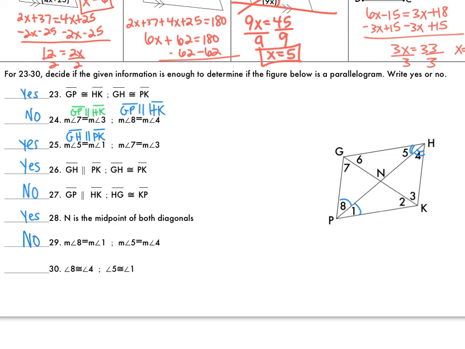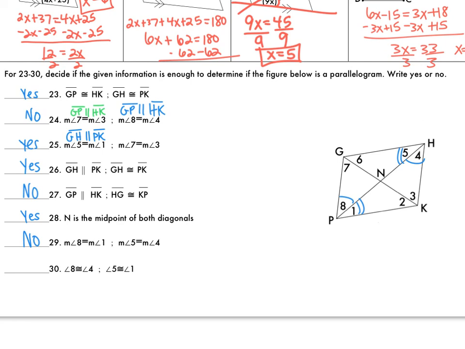And the last one. If you know that angle 8 and angle 4 are congruent, and 5 and 1 are congruent. So we can clearly see that that means that one pair of opposite angles is congruent since you're adding the same two angles together.